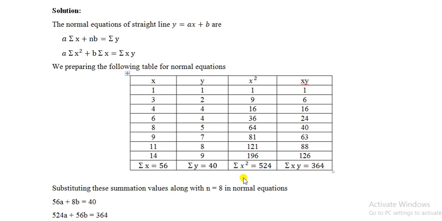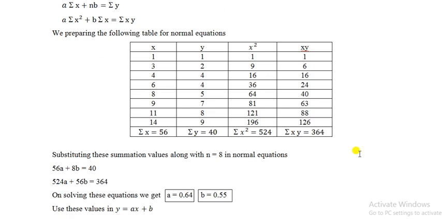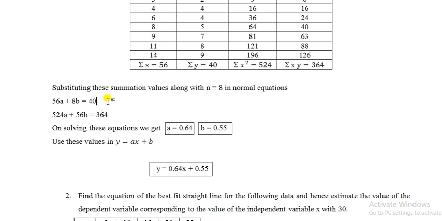So here we get the values of summation of x, summation of y, summation of x square, summation of xy. Now we substitute all these values in the normal equations, and here n is equal to 8, because the table has a total of 8 values.